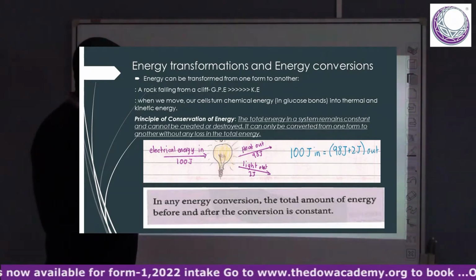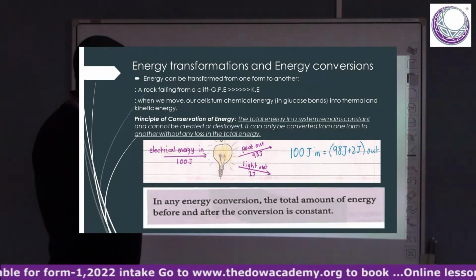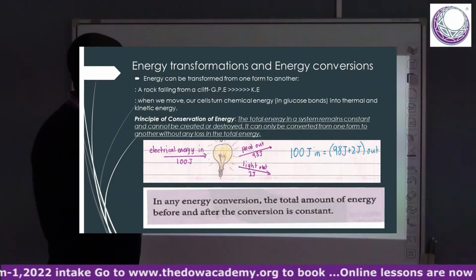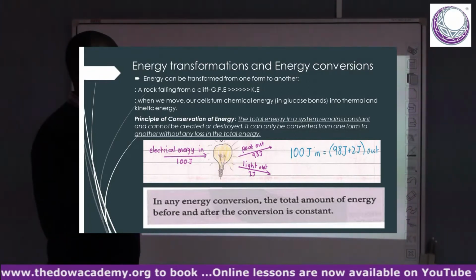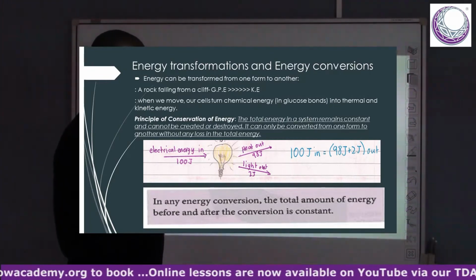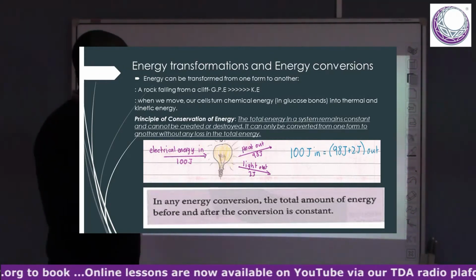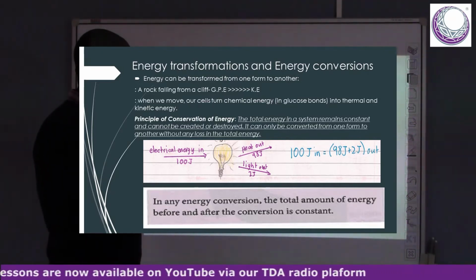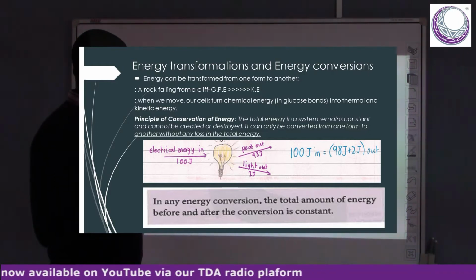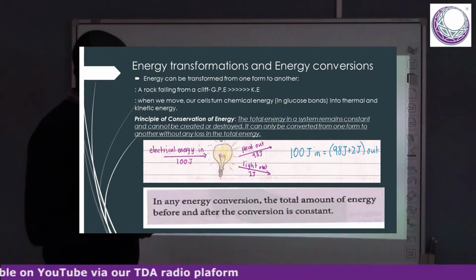Now, if we add the total energy in the system at the end here, 98 plus 2 joules, it gives us 100. So we didn't create energy, we didn't destroy energy. It's that the energy is existing in different forms: the one side heat energy, the other side light energy.